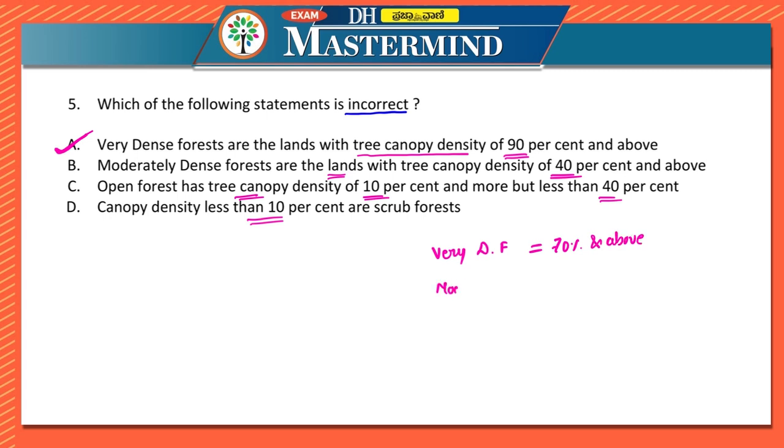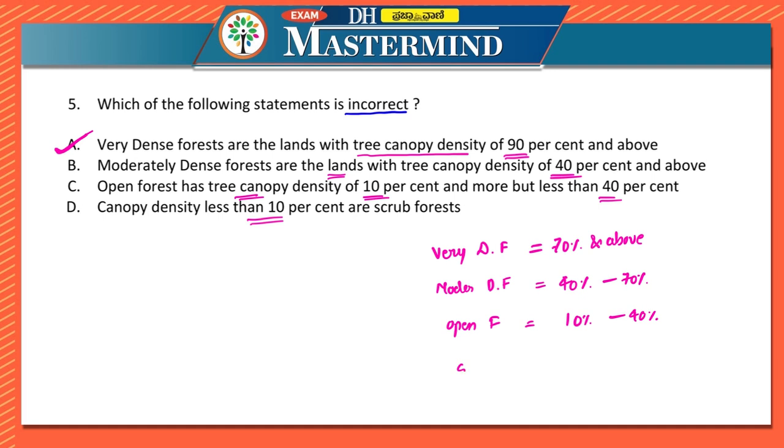Next one is moderately dense forest. This is, as the statement itself is saying, it is 40% and above, but it is less than 70%. Then there is open forest. So all the lands with tree canopy of density of 10% to 40%.